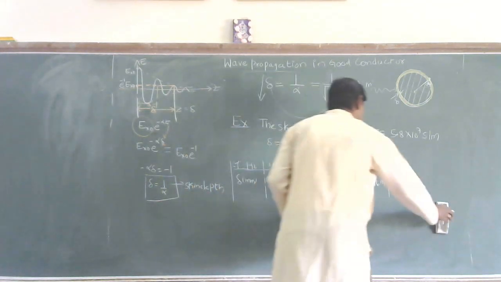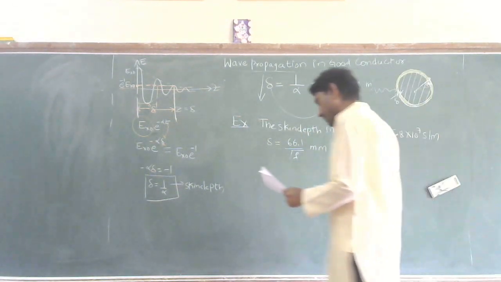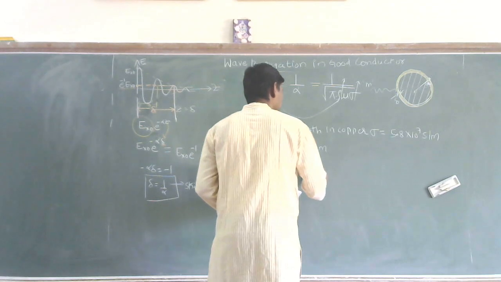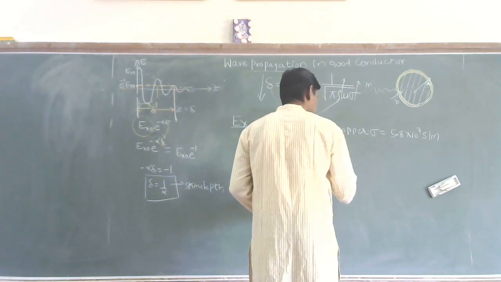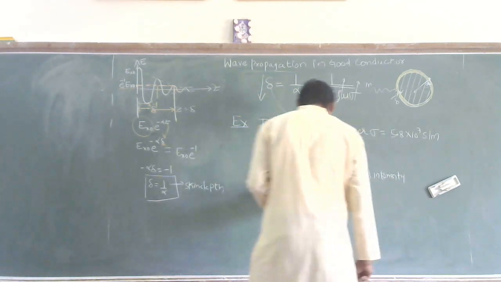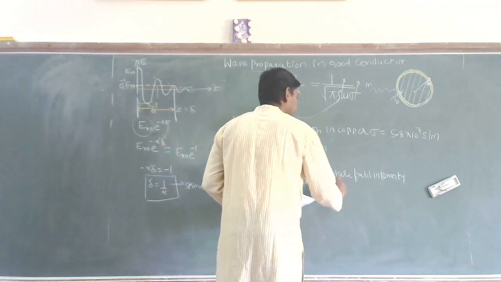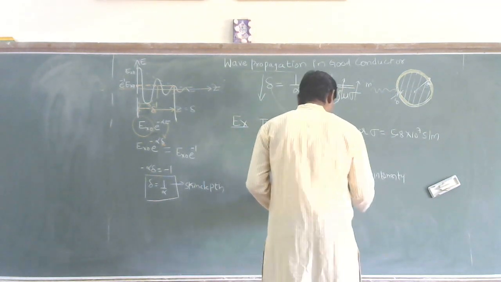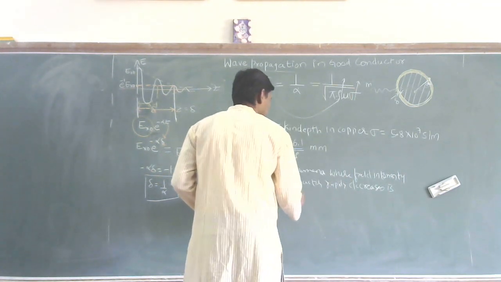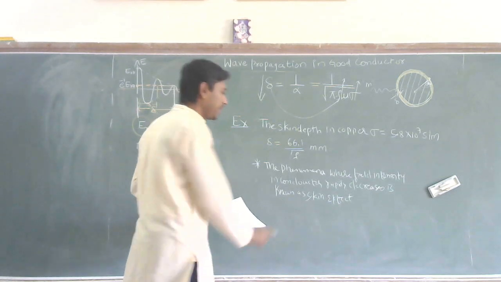This phenomenon where the field intensity in a conductor rapidly decreases is known as the skin effect.